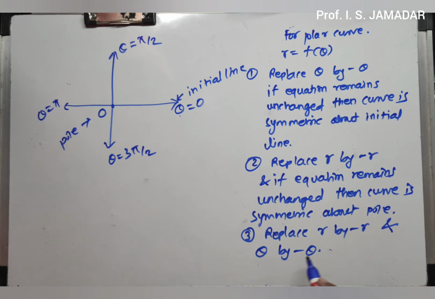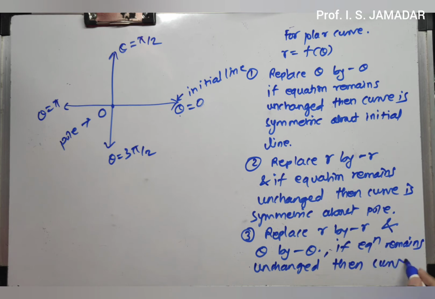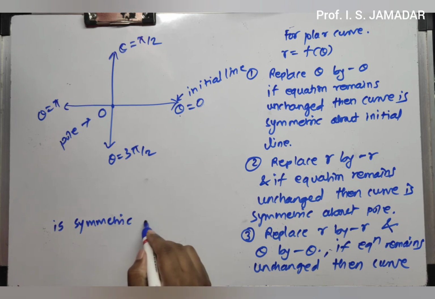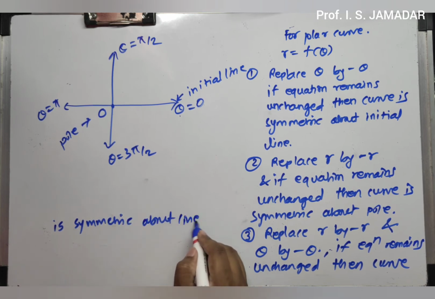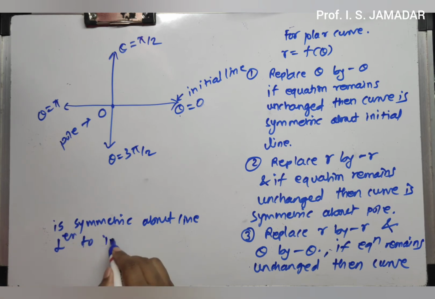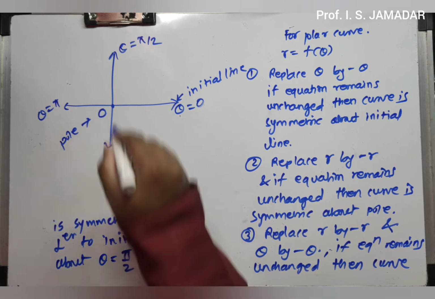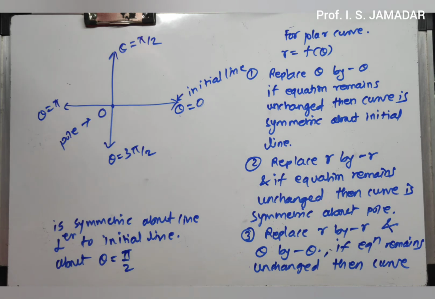After this replacement, if the equation remains unchanged, then the curve is symmetric about the line perpendicular to the initial line, or we may say about the vertical axis, or theta equal to pi by 2, the vertical line. So these are the rules for the symmetry for polar curves.